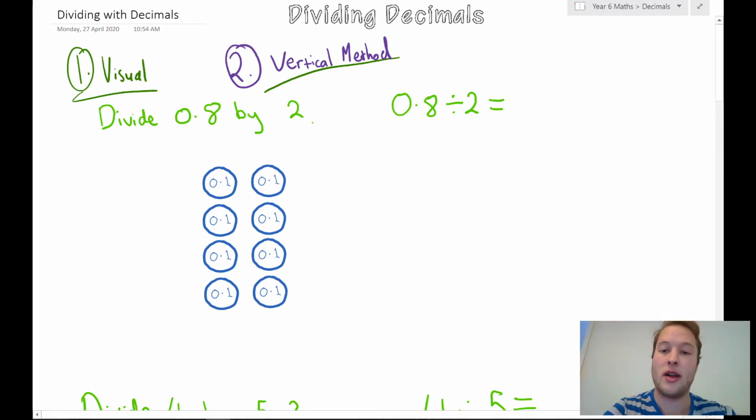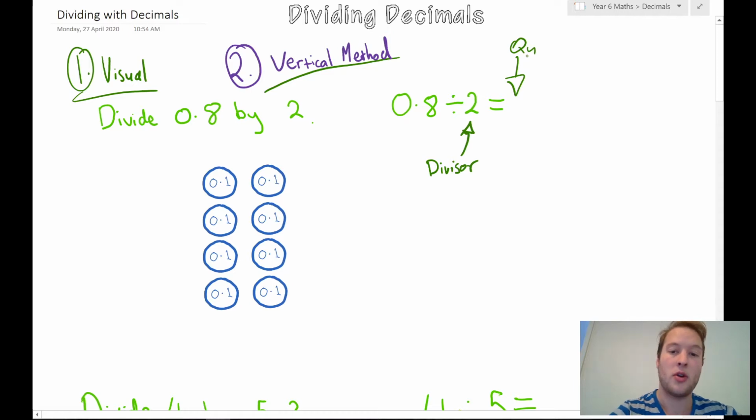Remember, we call the one on the right the divisor, and when we get an answer we call it the quotient. So I'm just going to write QU for the quotient.